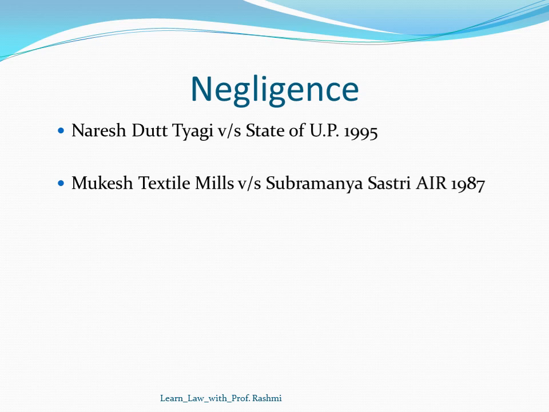Then he had a duty to take reasonable care, and because he could foresee that if such a thing happens, this would cause destruction to the paddy fields. Another thing is, this land was used for non-natural use, it was not a natural use of land. So the court held that the appellant is liable for the consequences of the escape of the fluid from its tank, and this is a clear case of negligence.